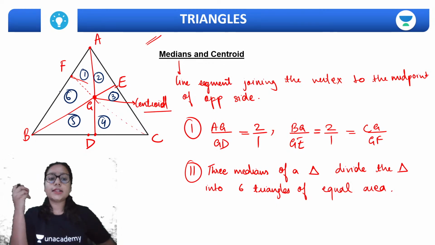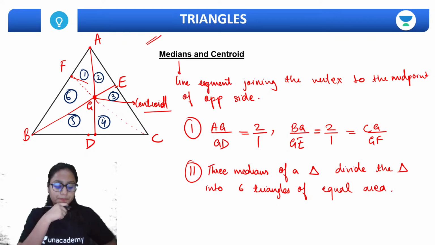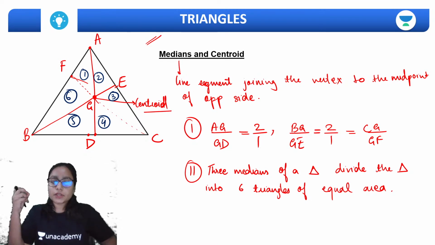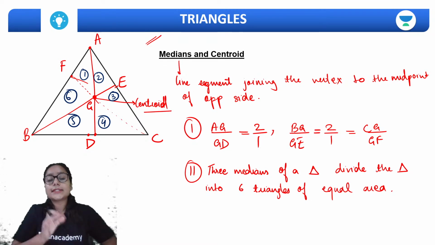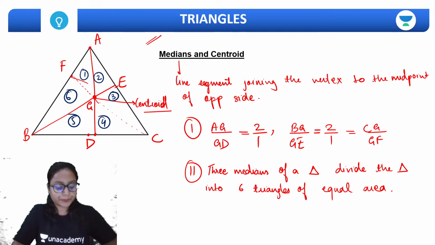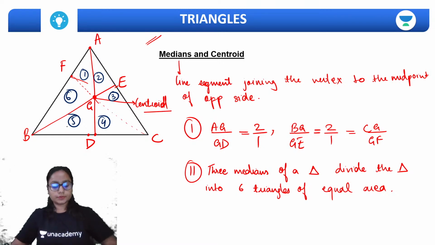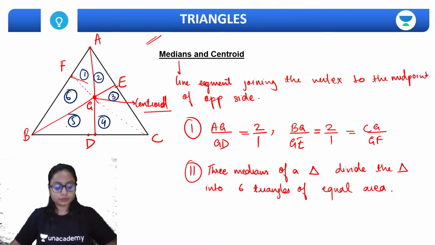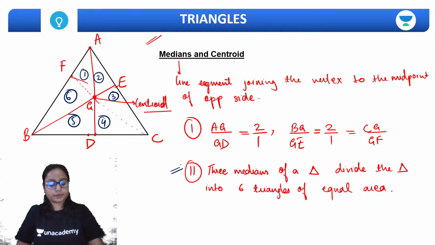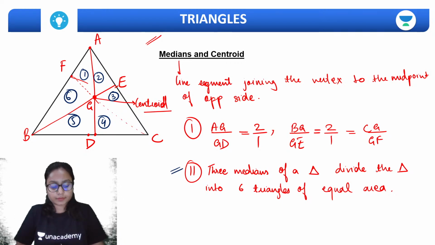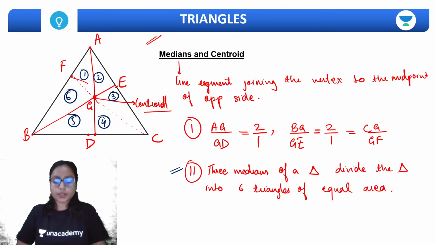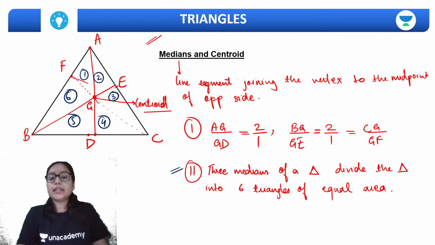Area of all these 6 triangles will be equal. So the medians of a triangle divide the triangle into 6 triangles of equal area. Is this point clear, all of you? Okay. Alright. So this is medians and centroids.